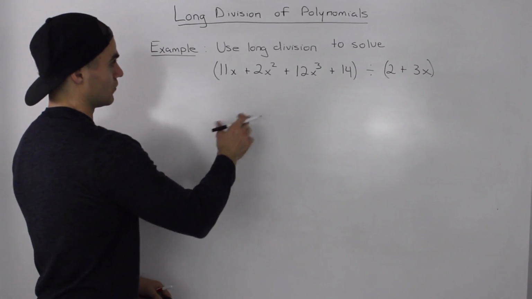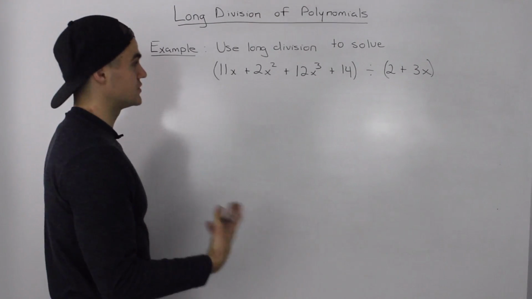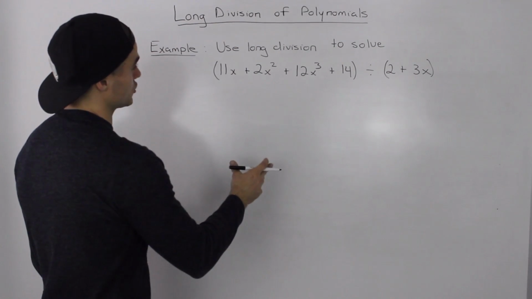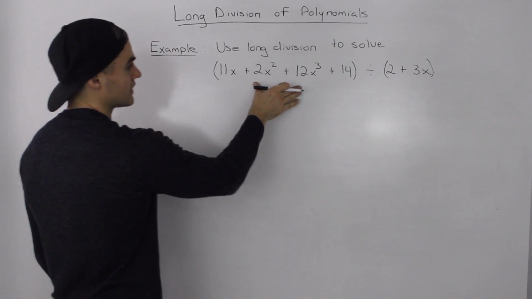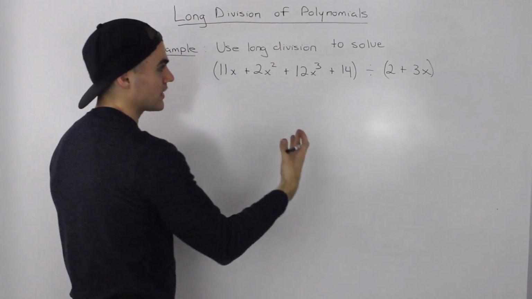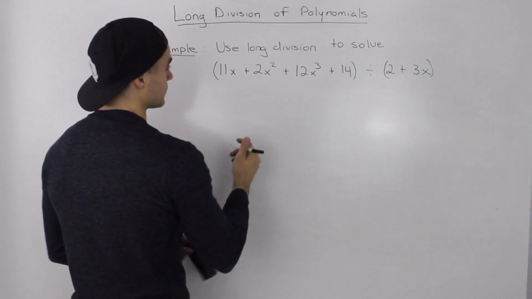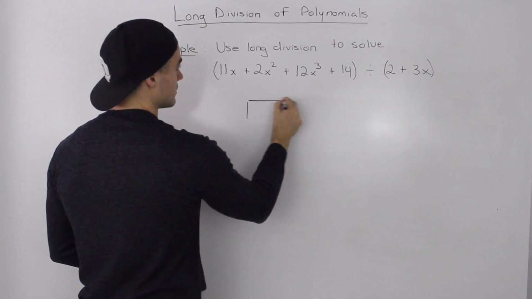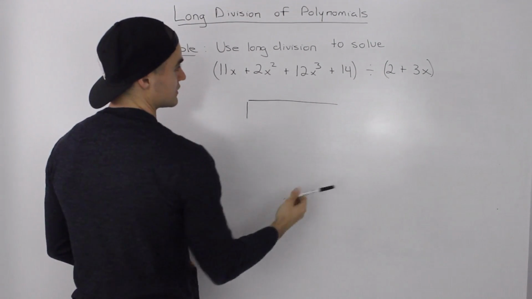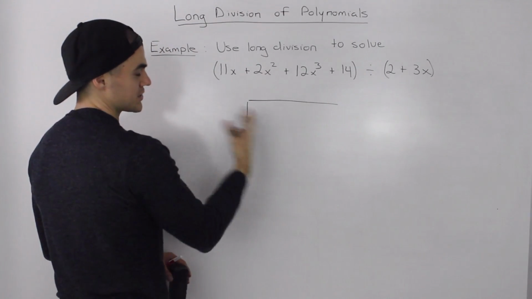Now what's the first thing that we always have to do? We always have to make sure that the dividend and the divisor are arranged from highest degree to lowest degree when we divide. So if we rewrite the division, let's take the divisor and rearrange it from highest degree to lowest degree.